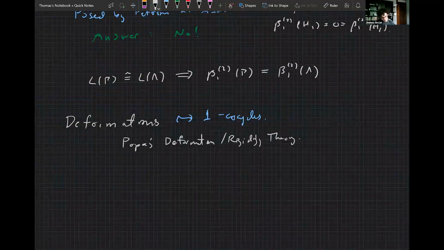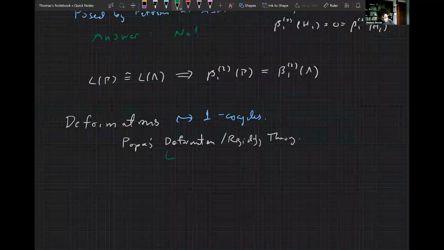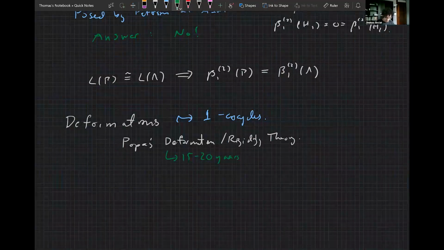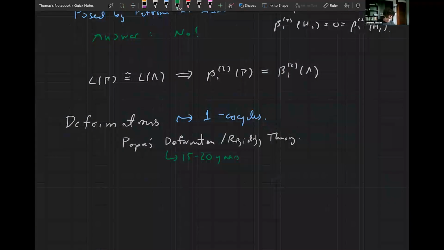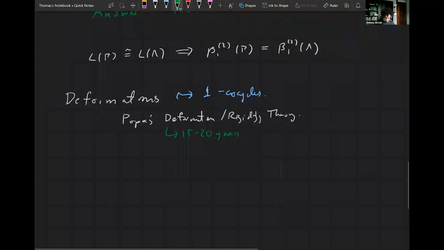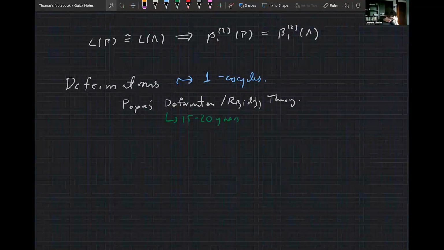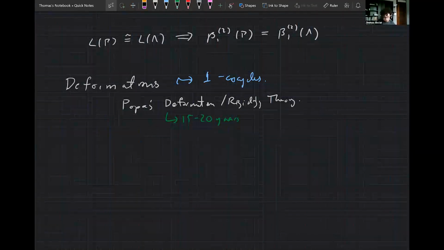Theory. So this is something that's developed over the last 15 to 20 years, starting with some fantastic work of Sorin Popa, who really brought this whole concept or strategy into existence in one big chunk. Deformation rigidity has really revolutionized classification.